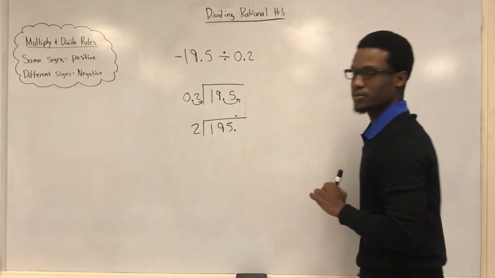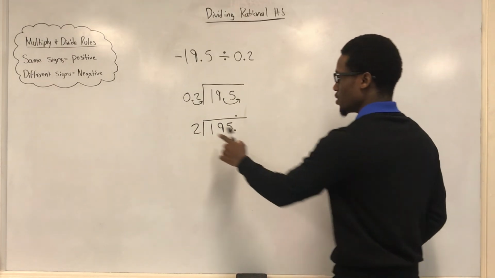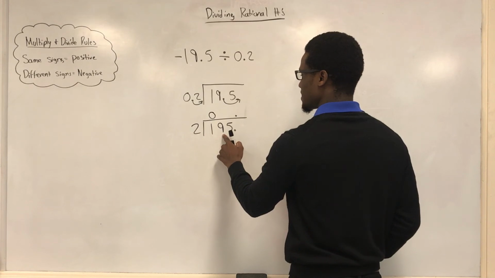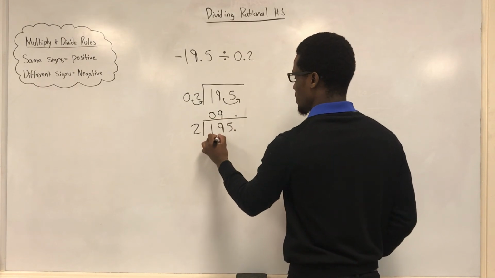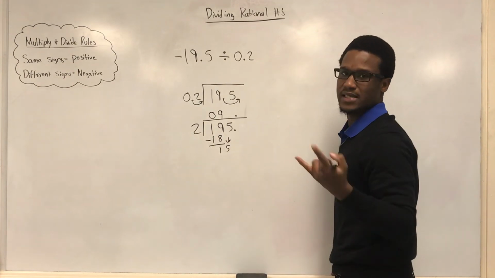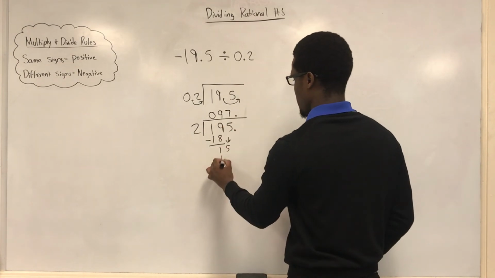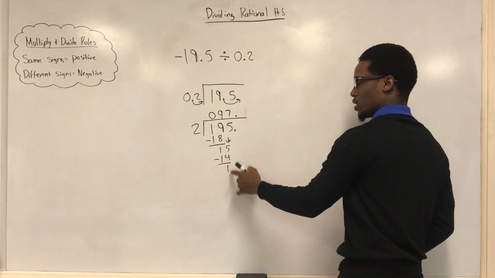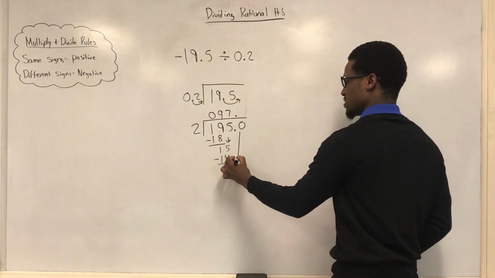And then 2. Okay? So, 2 goes into 1 0 times. 2 goes into 19 9 times to equal 18. 2 goes into 15 7 times. 2 cannot go into 1, so I have to go ahead and pull this 0 down.